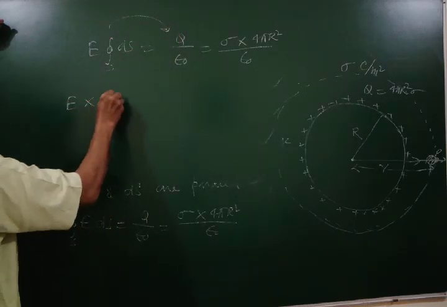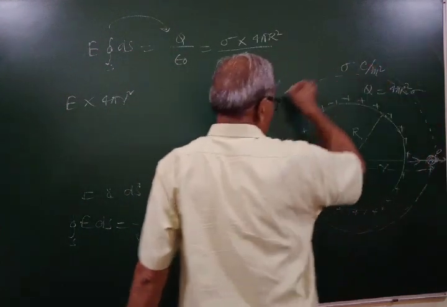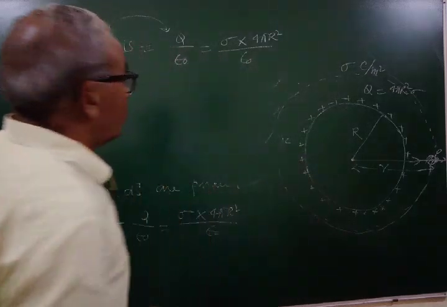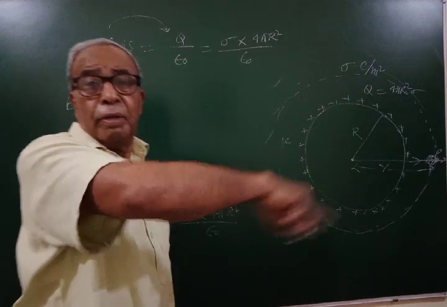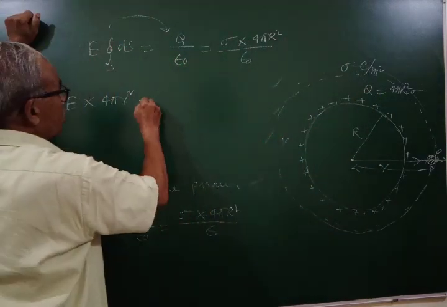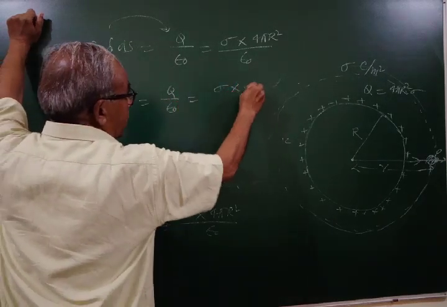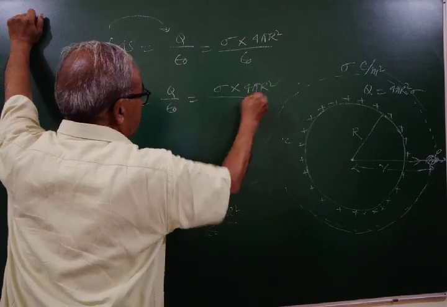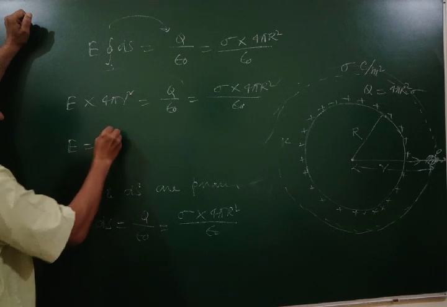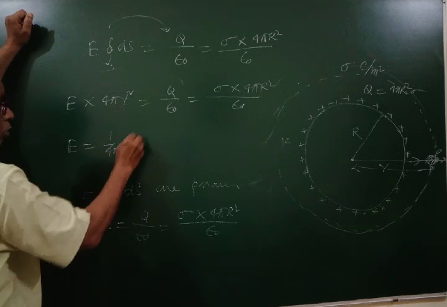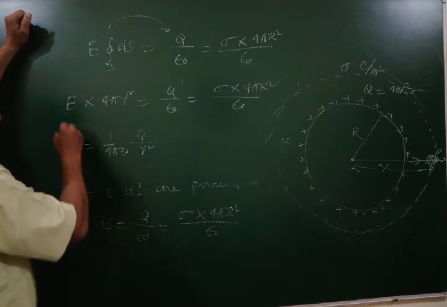Integration ds is 4 pi small r square. Why? Because the Gaussian surface has radius small r, and 4 pi r square is the area of a sphere. This is not a circle, it is a sphere. Now, we get E equal to 1 upon 4 pi epsilon 0 Q upon R square.